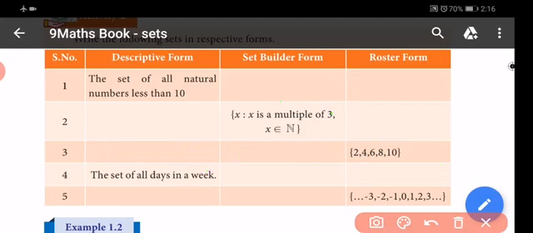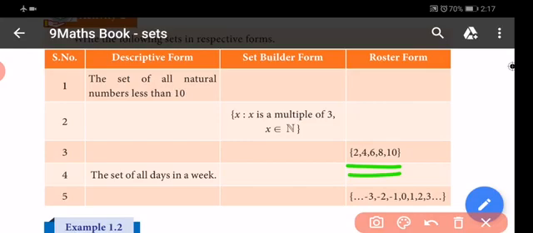Okay students, next one, third one. In roster form, 2, 4, 6, 8, 10. Do you understand what numbers are given? What type of numbers are 2, 4, 6, 8, 10? These are all even natural numbers up to 10 only.